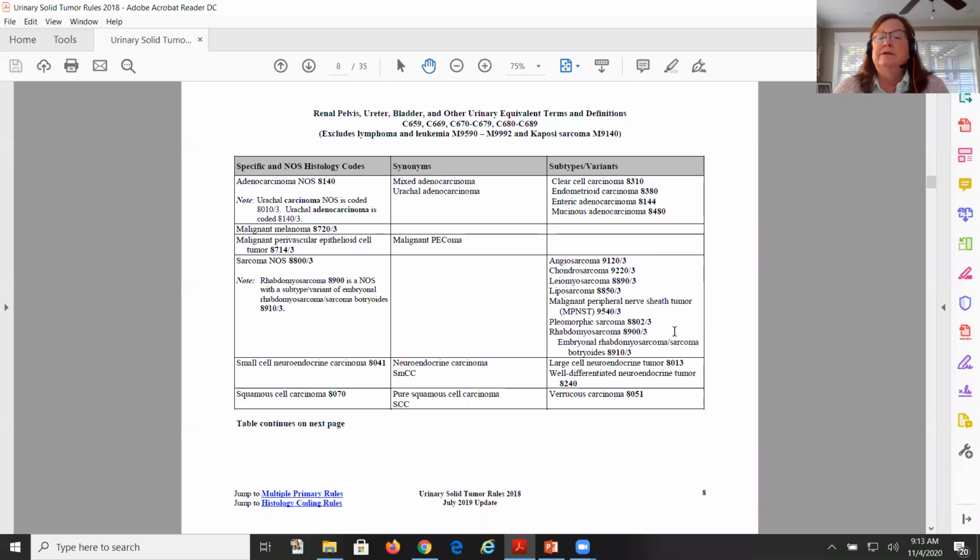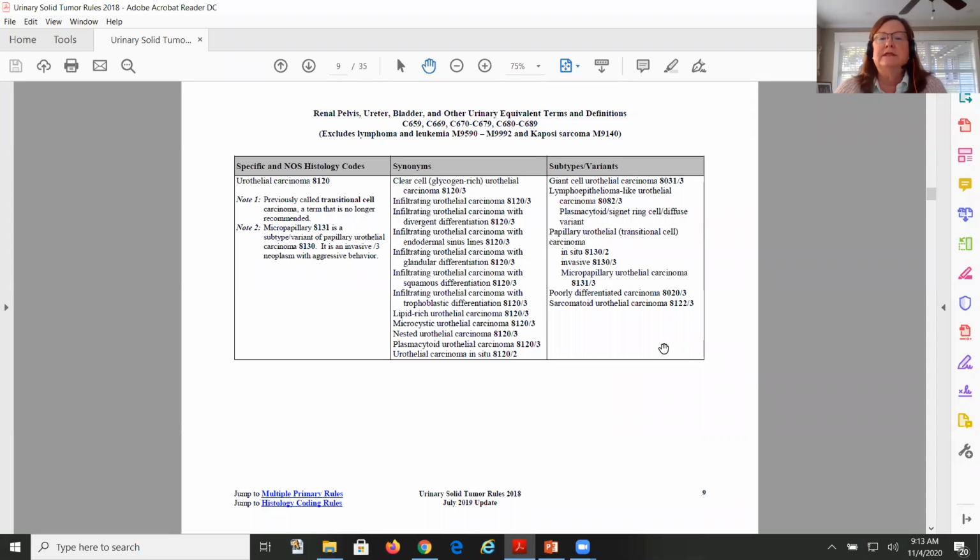However, rhabdomyosarcoma is also listed as an NOS because it has subtype variants of its own that you see indented underneath rhabdomyosarcoma in the subtype variant column. So there's the rest of the histology table.